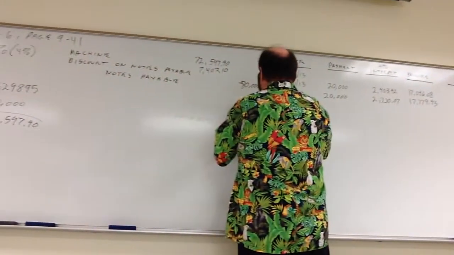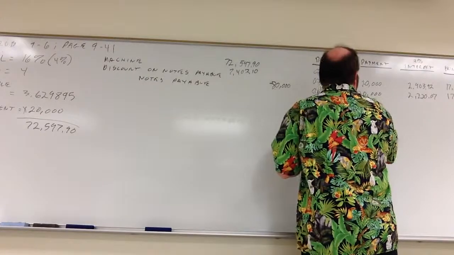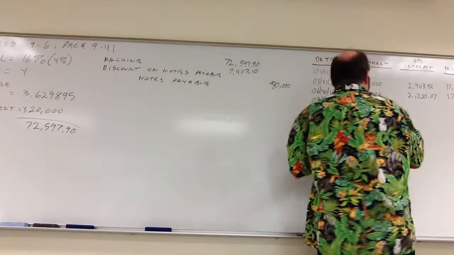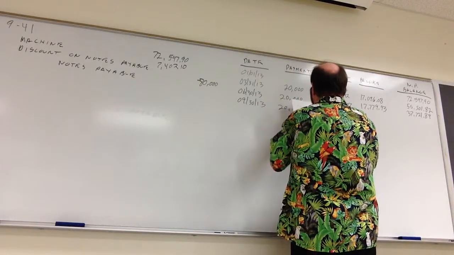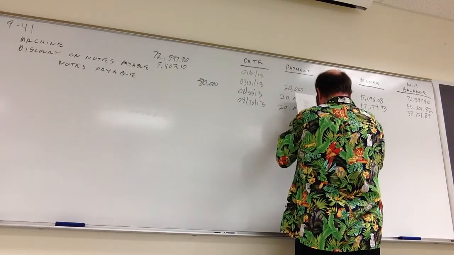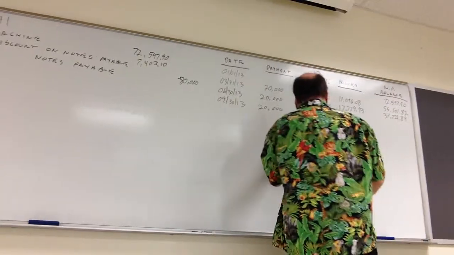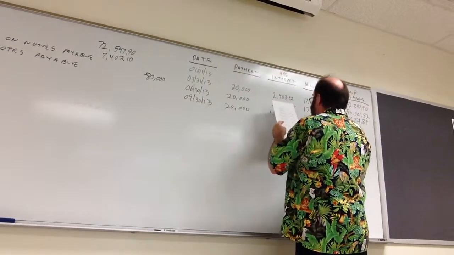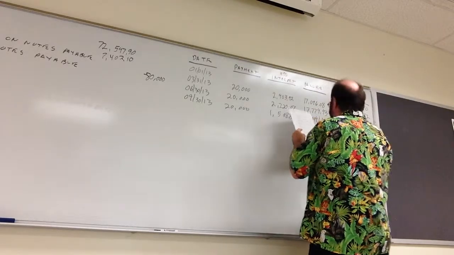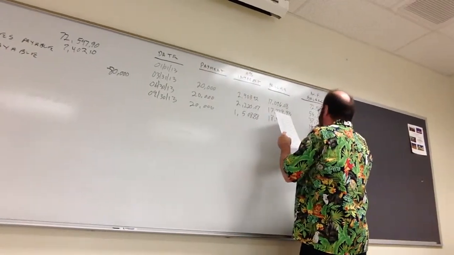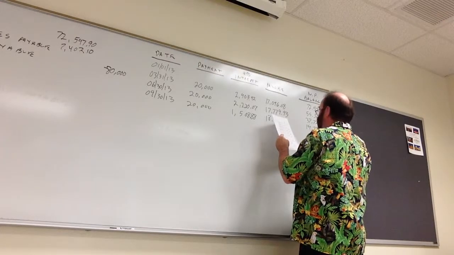On September the 30th, '13, we have $20,000. Multiply it out. We now are down to only $1,508.88 worth of interest. $18,491.12, and we get $19,230.77.